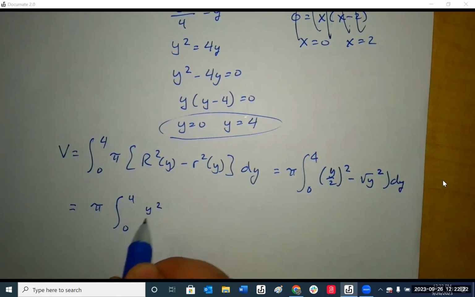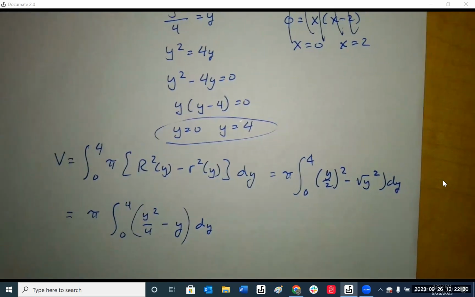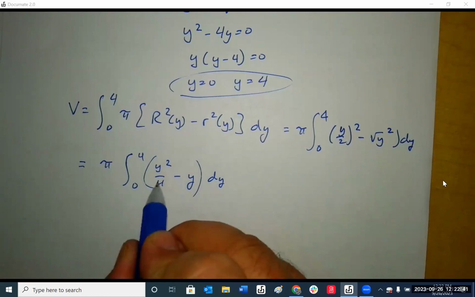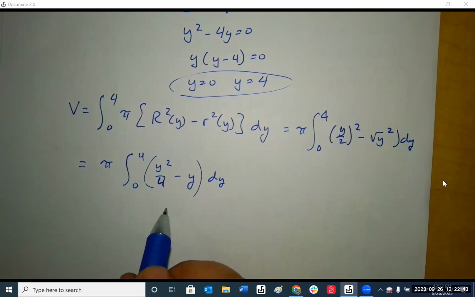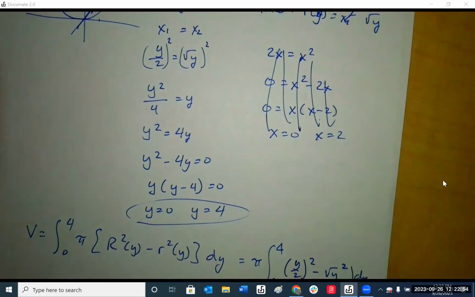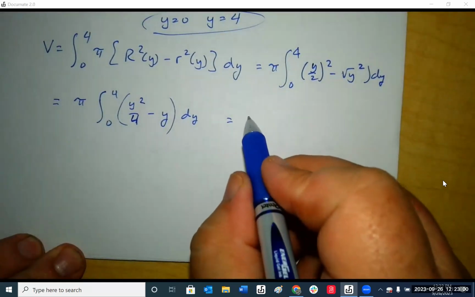So it's y squared over 4 minus y. If I do that, it's going to be a negative. Oh, yes, yeah. Because I switched it over from X to Y.